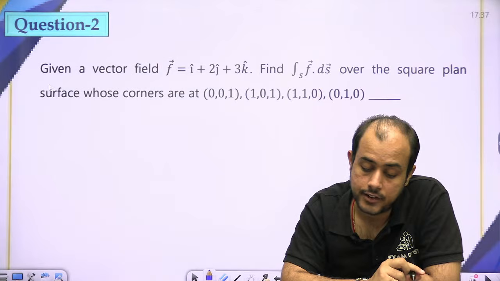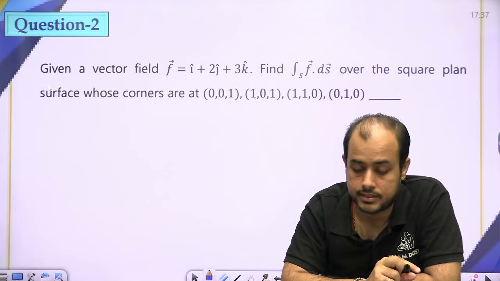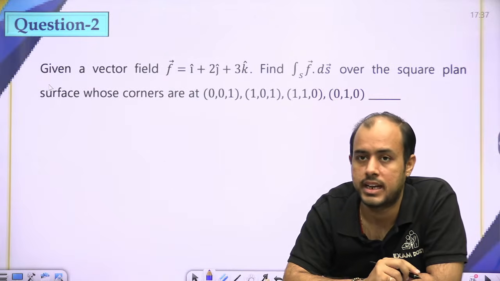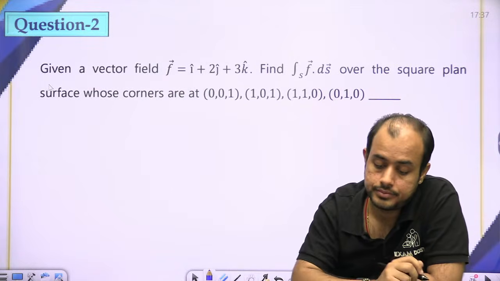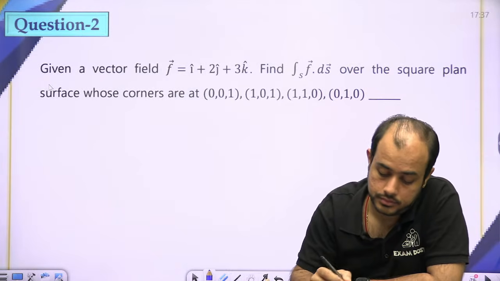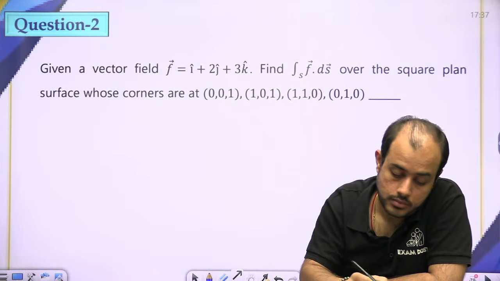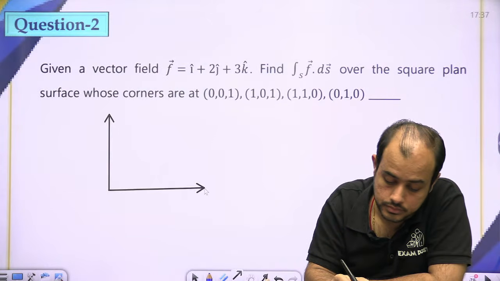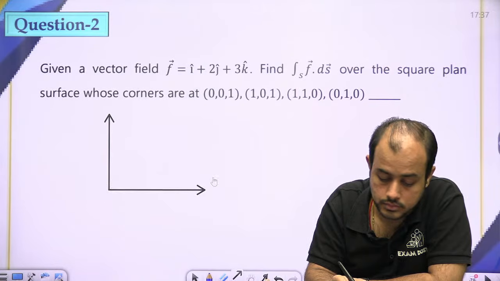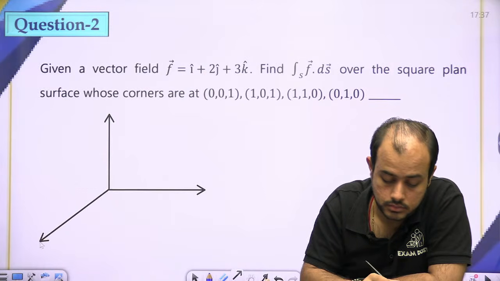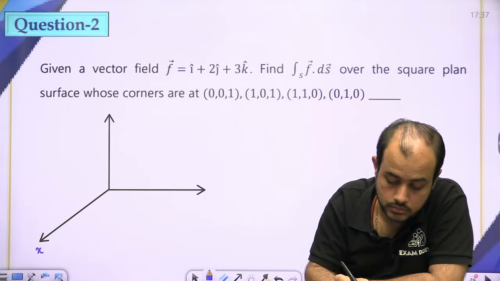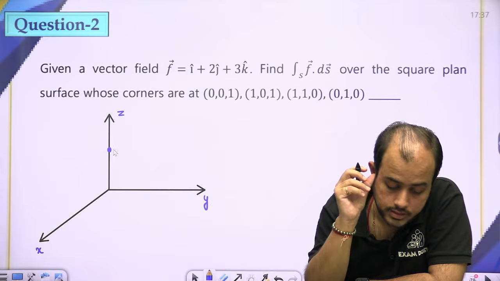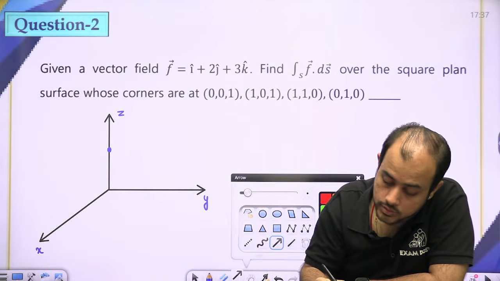Find the surface integral over a square whose coordinates are given. There is a square whose coordinates I have given you. 0 0 1. Now 1 0 1.